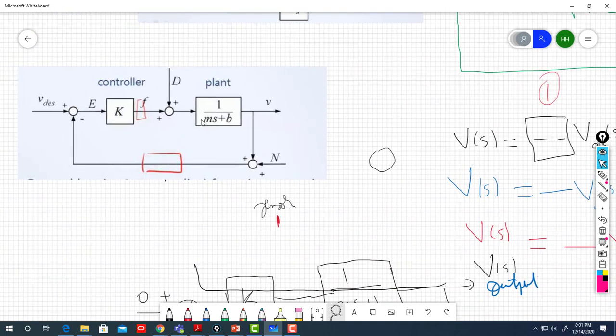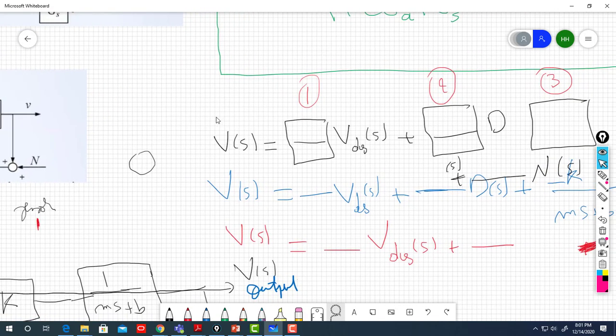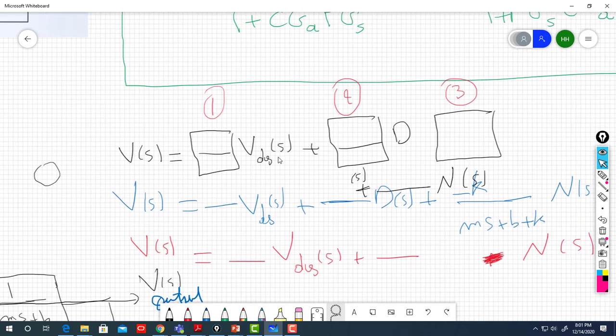Also, we gave the example of another plant, assuming that in addition to the disturbance, you have noise. So your input is V desired, your output is V. Then you could find V, which is the summation of the output that came from the desired input, the disturbance input, plus the noise input.